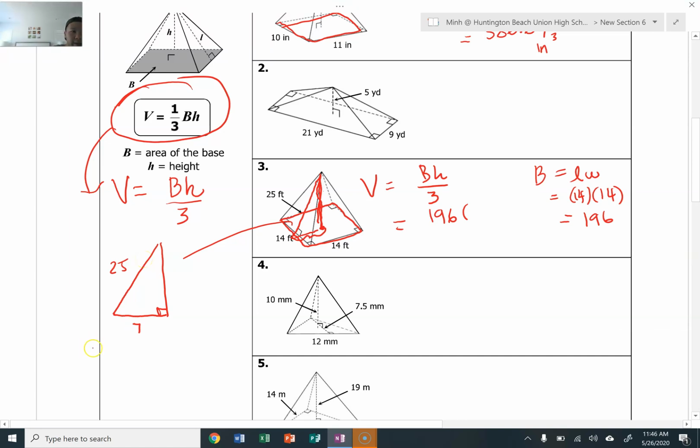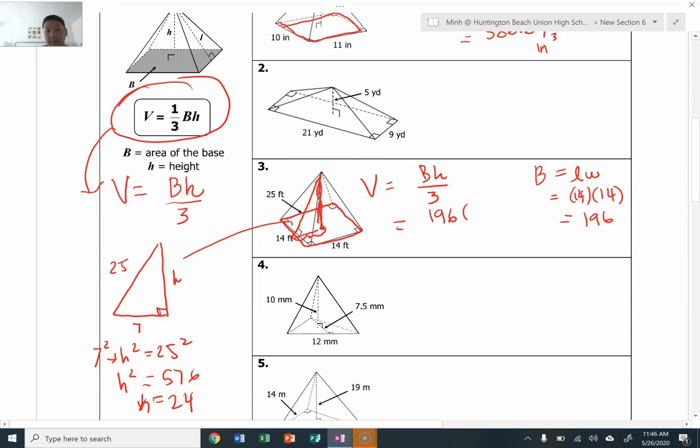So that's going to be 7 squared, plus h squared, since we don't know the height, is equal to 25 squared. I'm going to jump steps. 7 squared is 49. 25 squared is 625. You subtract 49 on both sides, so h squared is equal to 576. You square root both sides, and h is equal to 24.